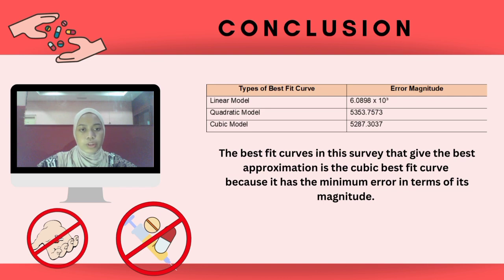The quadratic model is 5353.7573, and lastly the cubic model, with an error magnitude of 5287.3037. The best fit curve in this survey that gives the best approximation is the cubic best fit curve, because it has the minimum error in terms of its magnitude.